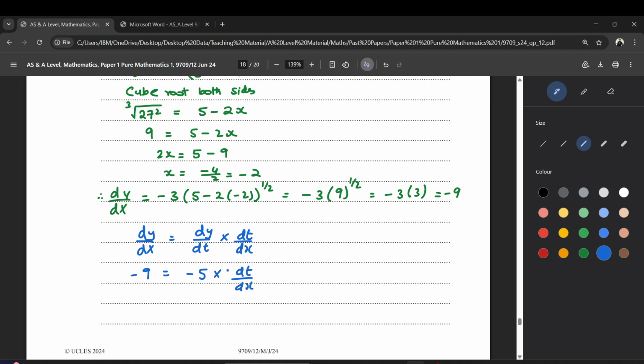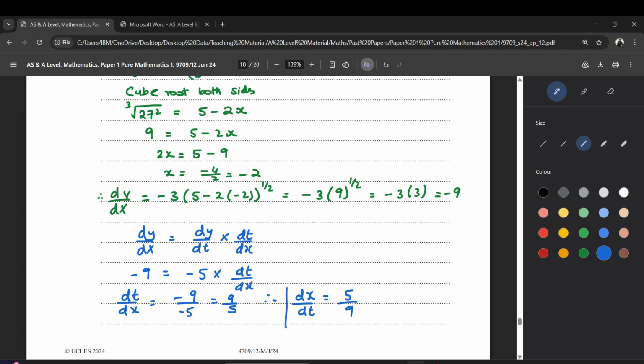What I want to find out is dx/dt, but let us first find out what is dt/dx. I'm going to divide both sides by minus 5. So dt/dx is equal to minus 9 over minus 5, which is 9 upon 5. Therefore, if I take the reciprocal to get dx/dt, this will be 5 upon 9.